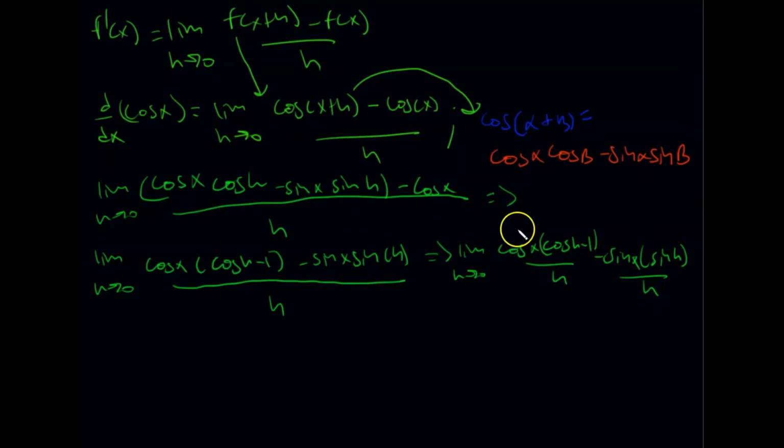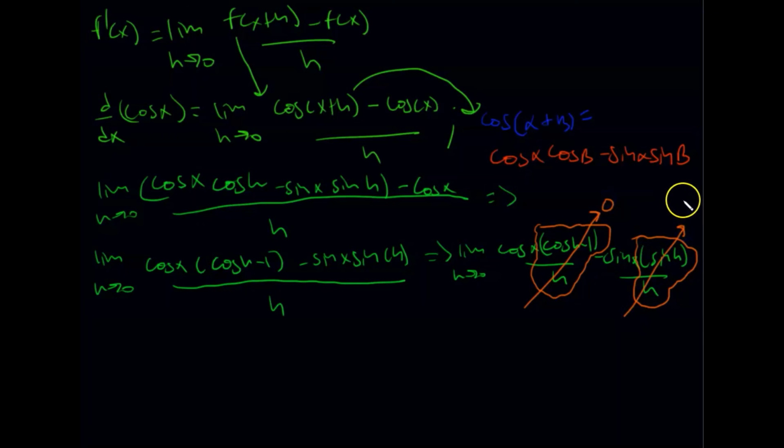As we saw last time, this right here is a special limit, and this right here is another special limit. And we learned last time and in chapter 1 that this limit approaches 0 and this limit approaches 1.